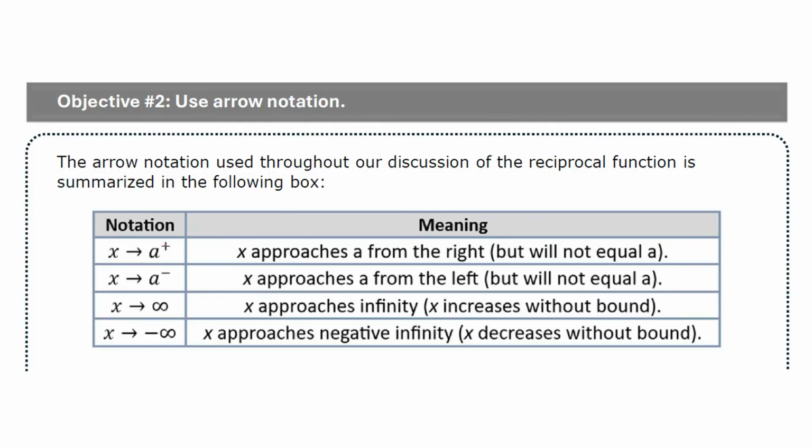A negative sign means from the left, but x will not equal a. Remember, for asymptotes, we're always approaching it, but we will never equal it. And x approaching infinity or negative infinity uses the infinity and negative infinity signs.